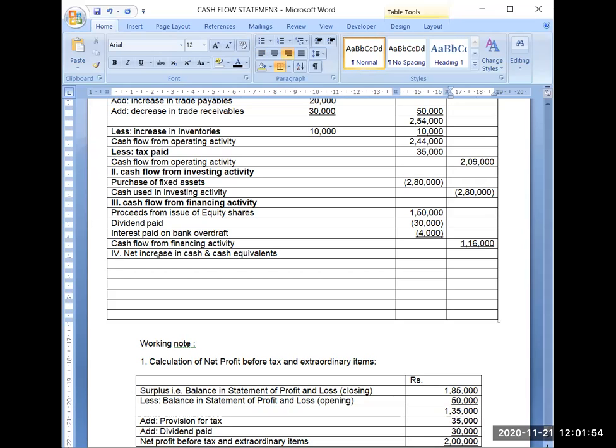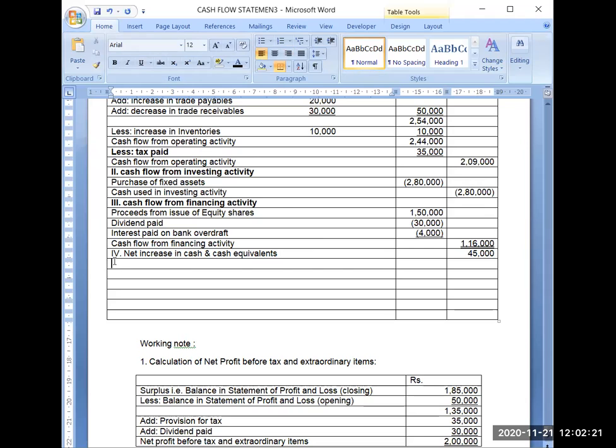Now 2,09,000 plus 1,16,000 becomes 3,25,000. Minus 2,80,000, it will result in 45,000. So 45,000 is the net increase.